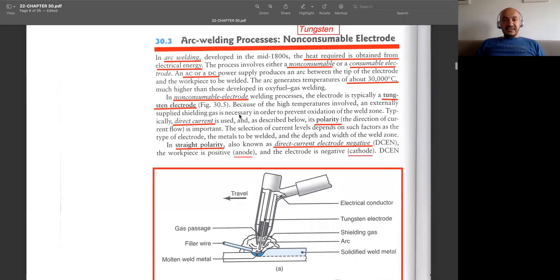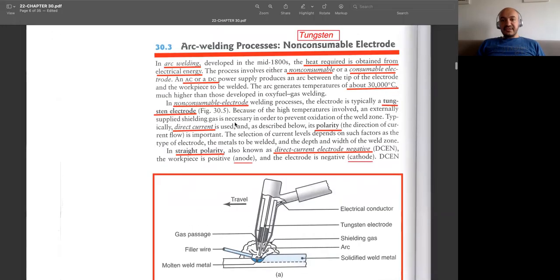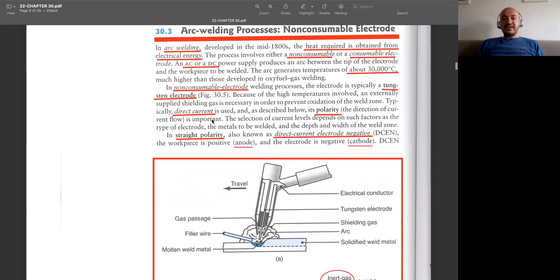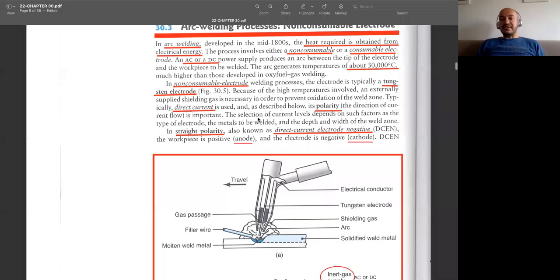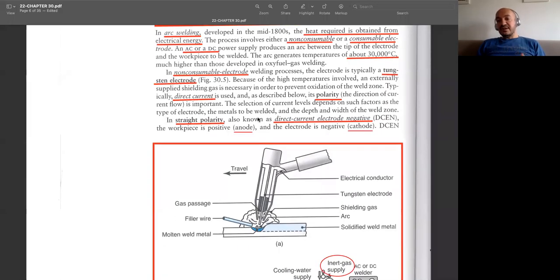In terms of actually currents, we can use direct current or alternating currents. And in the direct current, actually, the polarity is highly important. And depending on the polarity, you may be welding some thinner and deeper ones, or some larger but shallow ones. So it depends on the polarity a lot.